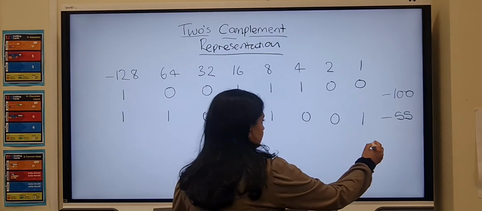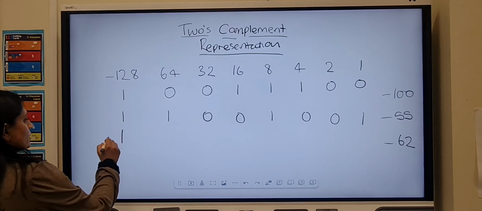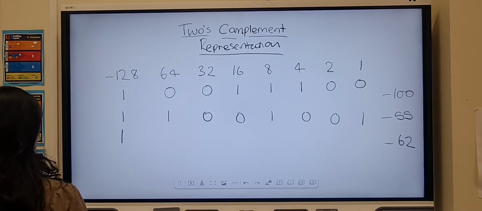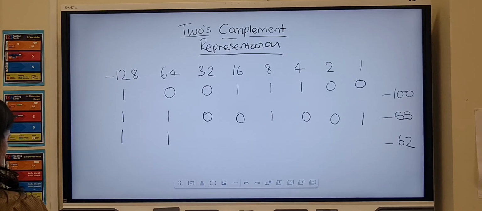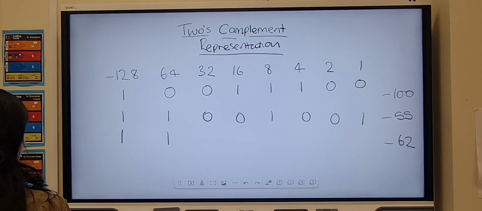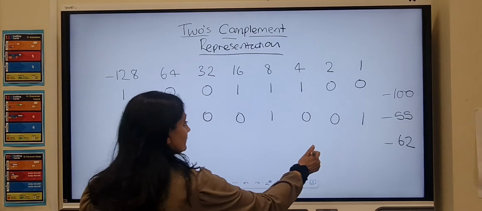One more example: minus 62. Again, we put the 1 where you've got the minus 128. Now we're going to add 64 to it, so that gives us minus 64. To get to minus 62, we need to add another 2.